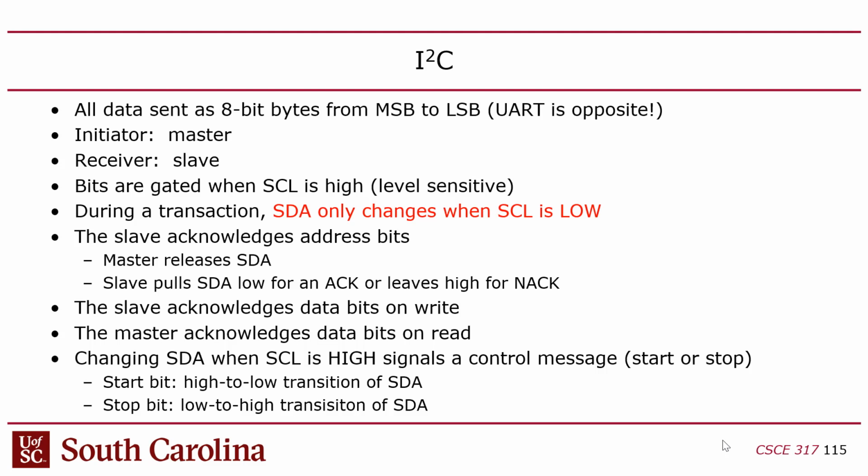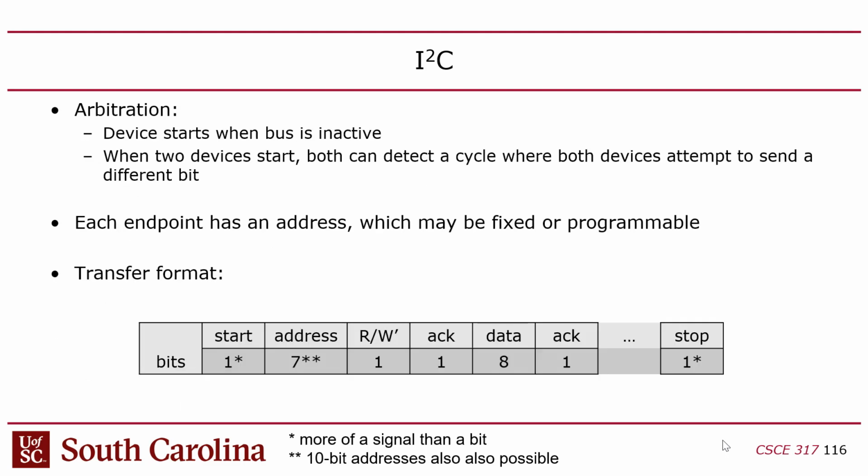Instead, it's a level sensitive system where the data bits are held constant for as long as the clock is high. So whenever the clock is high, you don't change the data. You allow the receiving end the time in which the clock is high to grab the bit. Does that make sense? So it's level sensitive in terms of the clock. So I'll come back to that in just a minute.